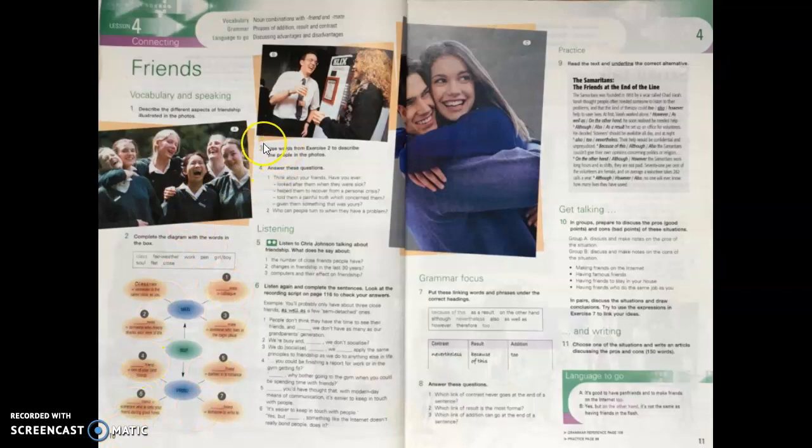Exercise 3 links that language back to the people in the photos, and it says use some words from the previous exercise to describe the people in the photos. And then there's a nice discussion activity which is more personalised and asks the students to think about their friends and different situations that they may have been in with their friends.